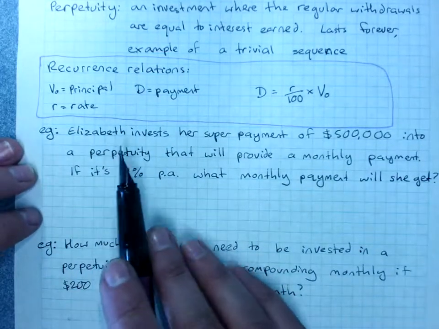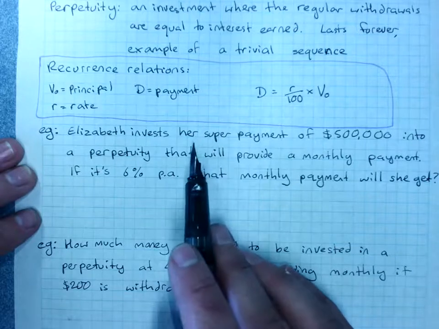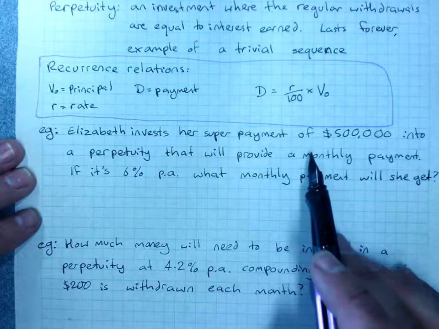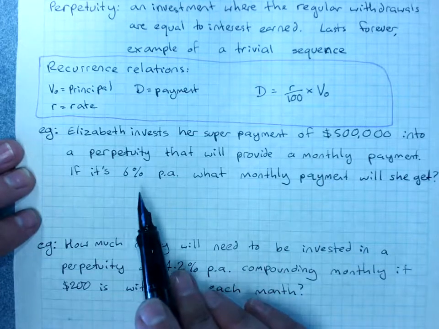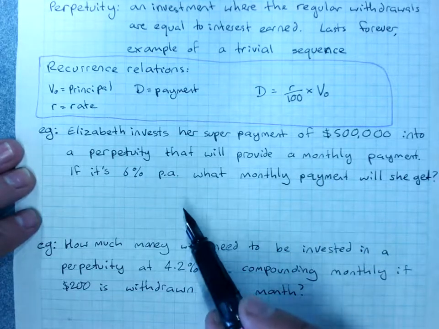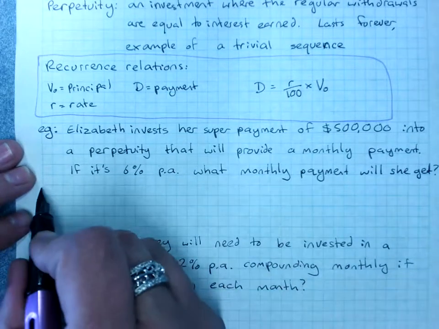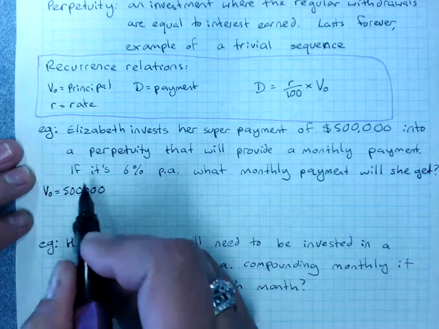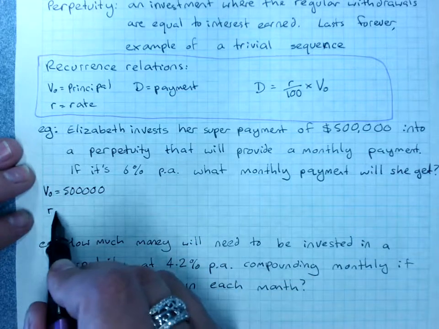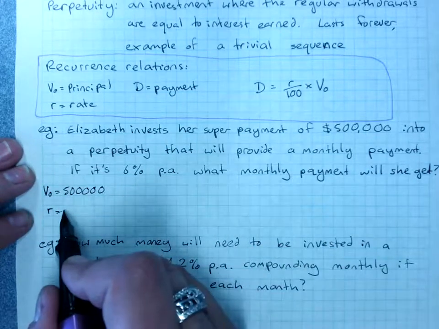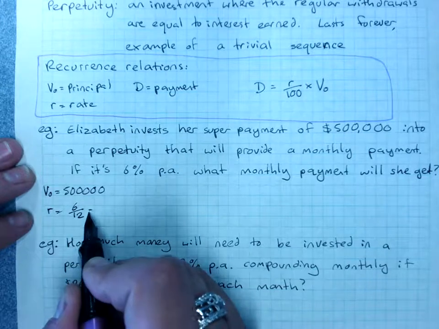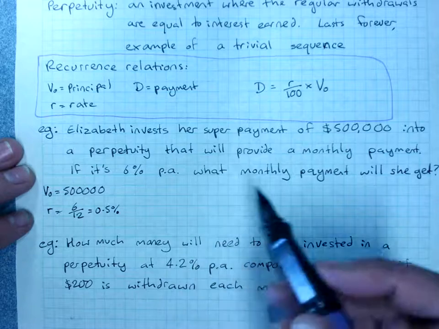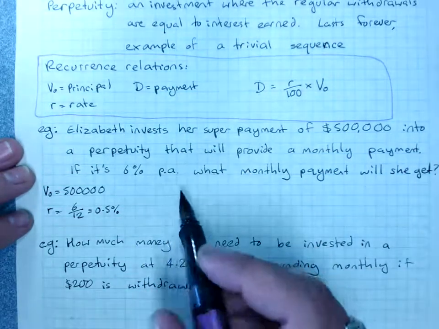So for example, Elizabeth invests her superannuation payout of $500,000 into a perpetuity that will provide a monthly payment. So if that's sitting at 6% per annum, what will her monthly payment be? So V0 is 500,000. The interest rate, we're going monthly, so that's 6 divided by 12, which is 0.5%. And so we want to find the payments that she gets.